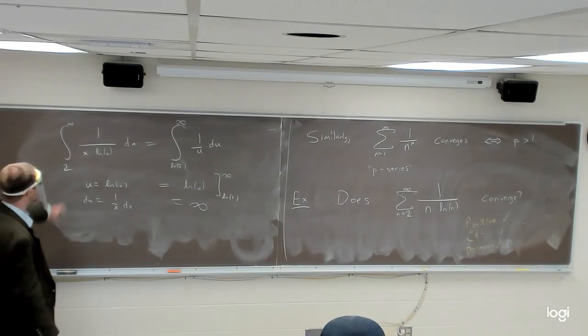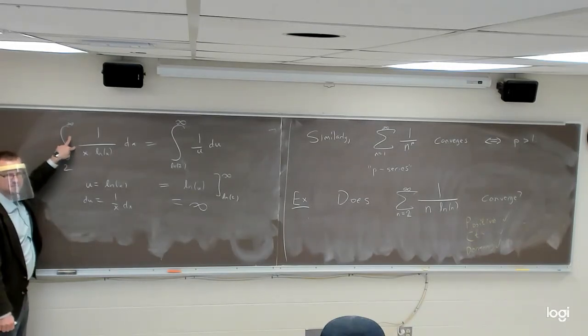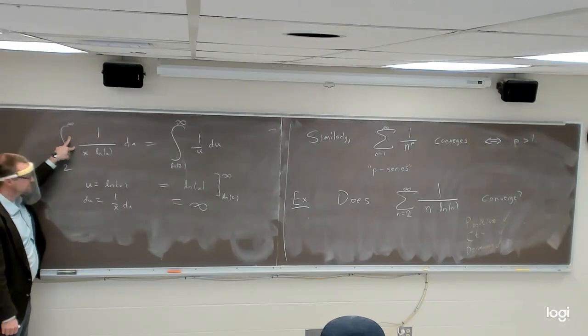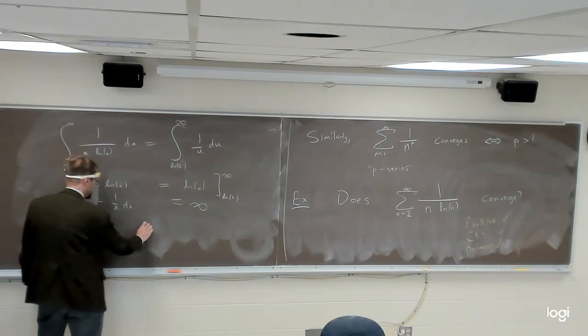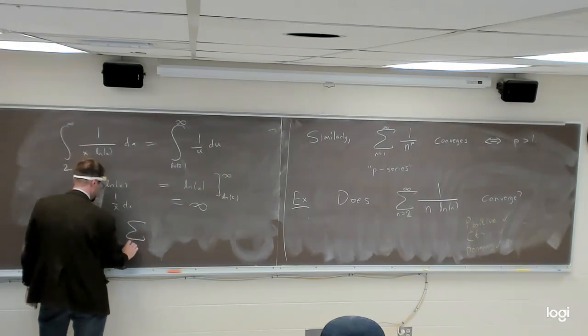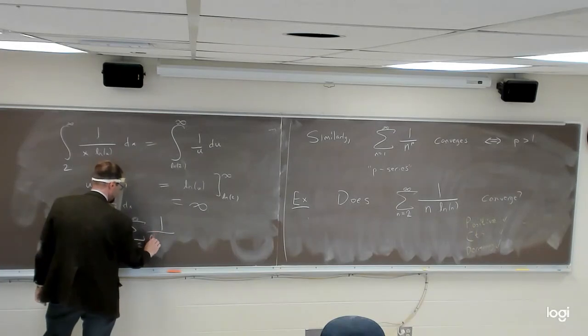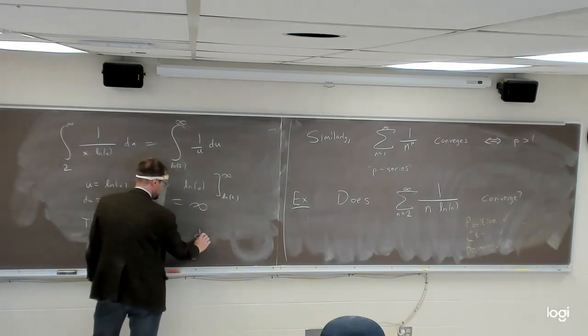Yeah, so the integral diverges, right? You get the log of infinity, which is still infinity. Thus, the original sum of 1 over n natural log n diverges.